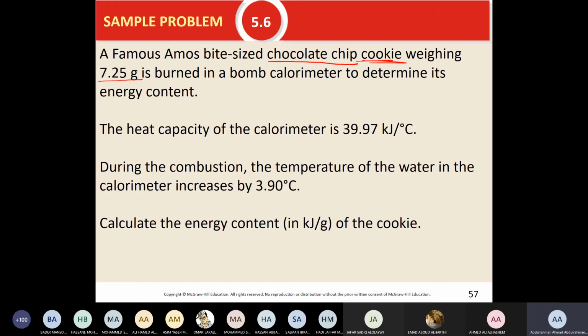The heat capacity of the calorimeter is C equal to 39.97 kilojoule per degree C. During the combustion, the temperature of the water in the calorimeter increased by 3.90 degrees C. Calculate the energy content in kilojoule per gram of cookie.